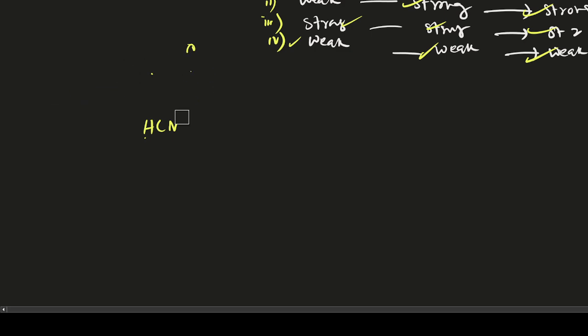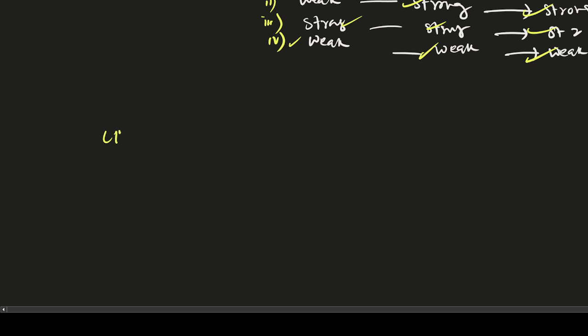Or we can take NH4 plus, this also comes from a weak base, and NH4CN, this one you can also take.